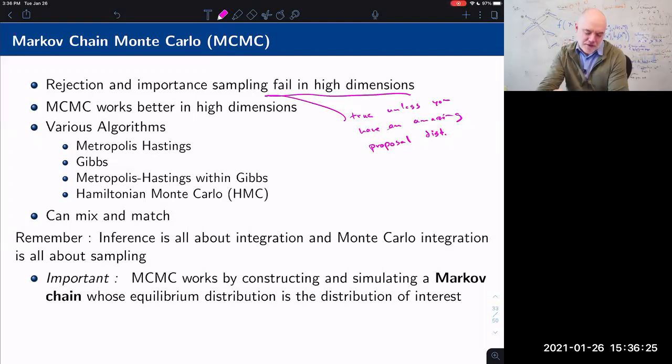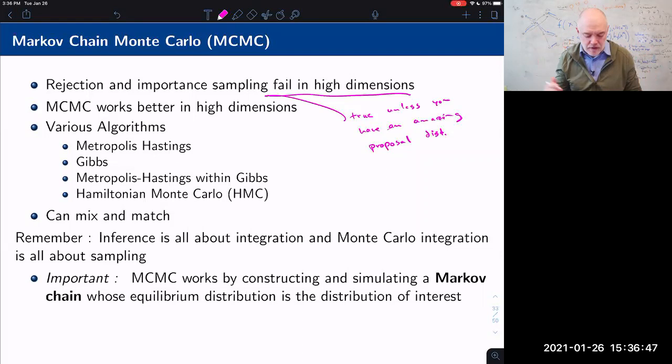ahead. So rejection and importance sampling fail in high dimensions. MCMC works better in high dimensions, better than rejection and importance sampling when you don't have a well-adapted proposal. And there are a bunch of algorithms.